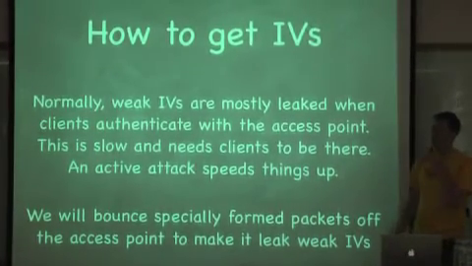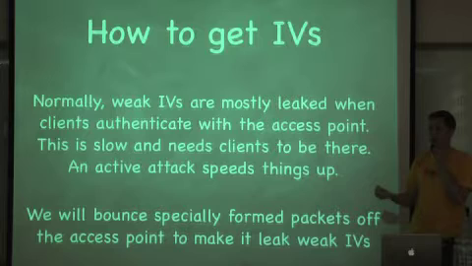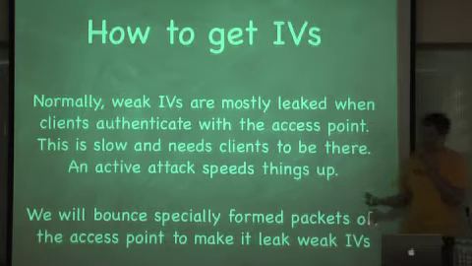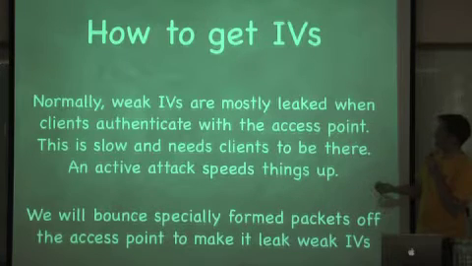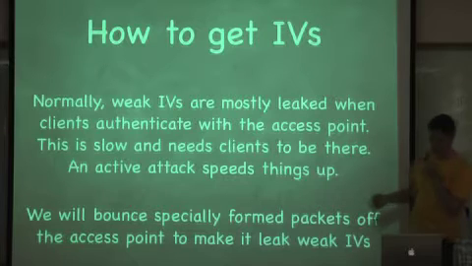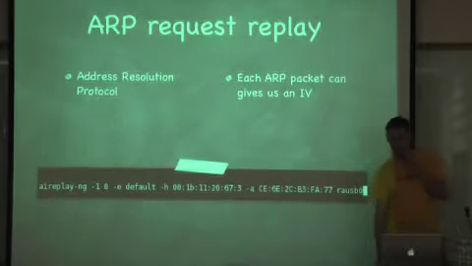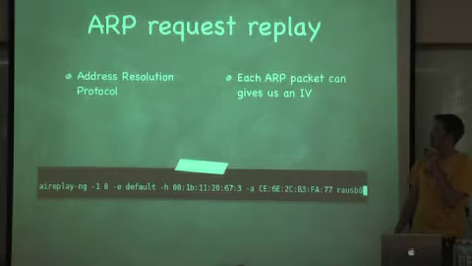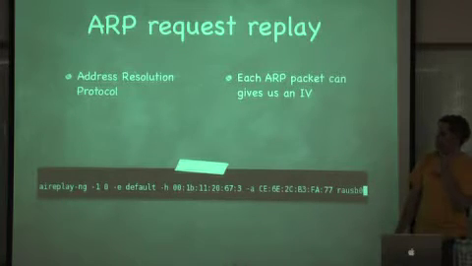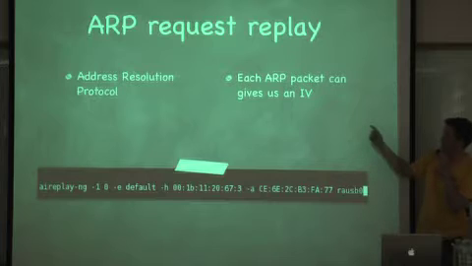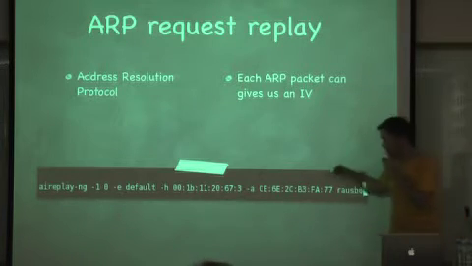The crack I was going to do involves clients already being on the network. So what we're looking for is ARP request packets, which is address resolution protocol packets, and each of those packets will give us an initialization vector.